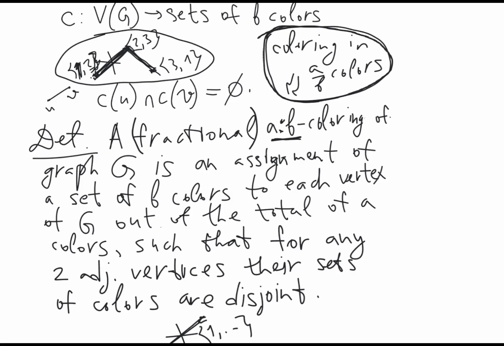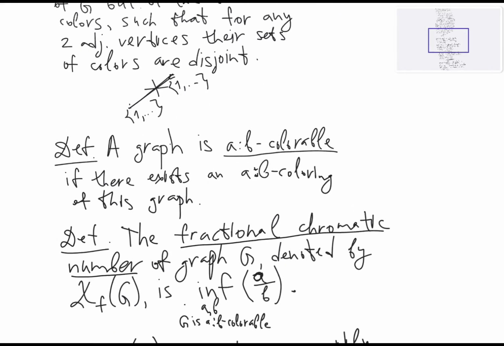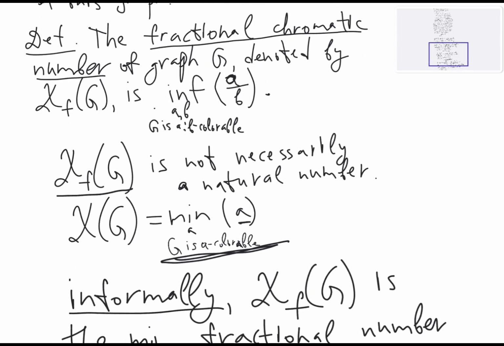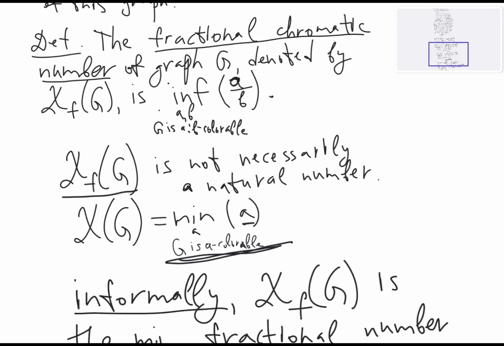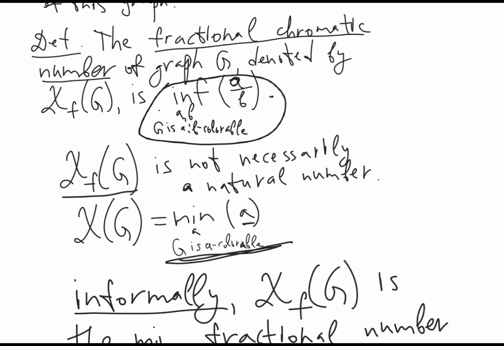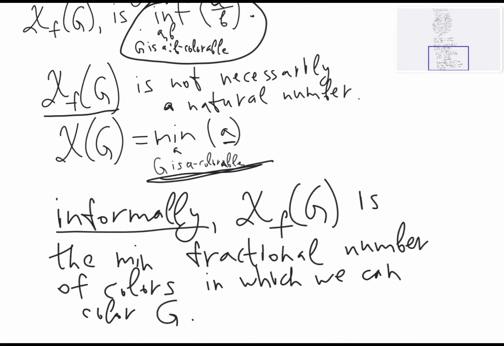So in this sense, it is the infimum of this number of colors. This definition basically says that it is the infimum of the number of colors in which we can color the graph fractionally.